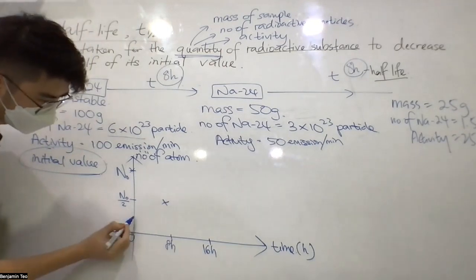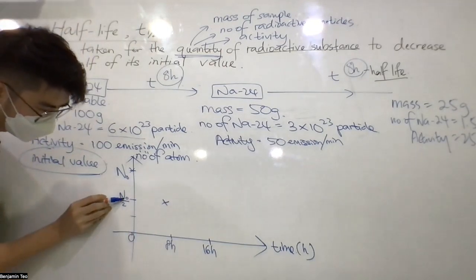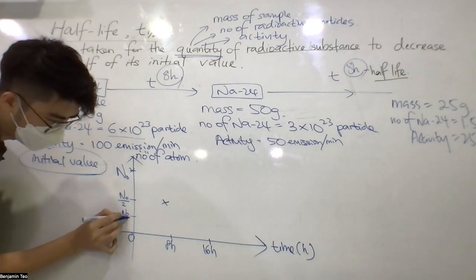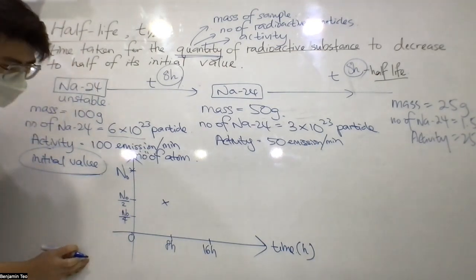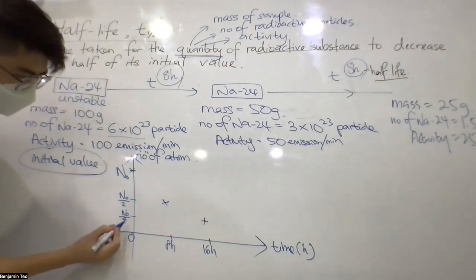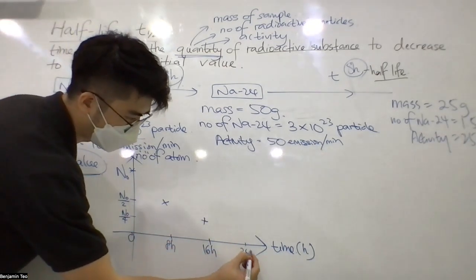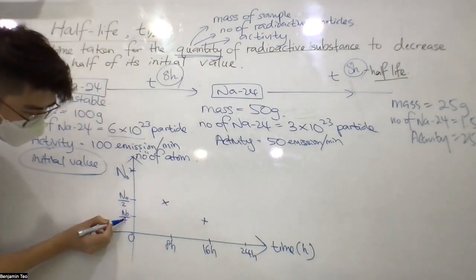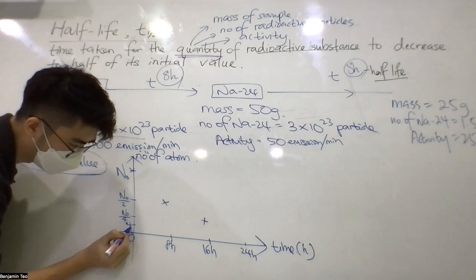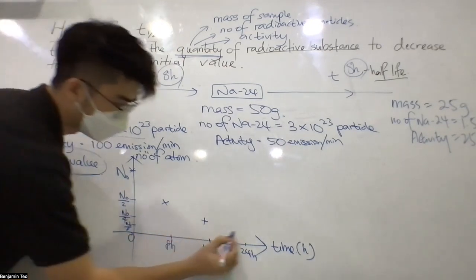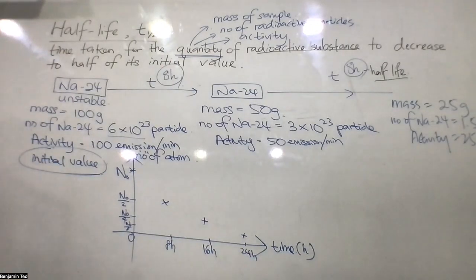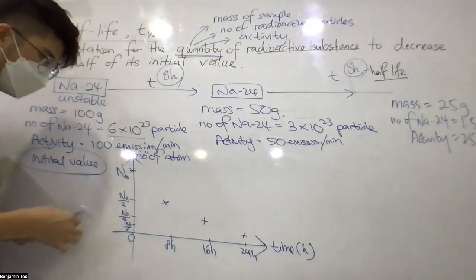From here it becomes half again, so N not over 2, you divide by 2 again, N not divided by 4. Then one more, 24 hours, half of that. This is N not divided by 8. Now it becomes very, very little. So here I join my curve.